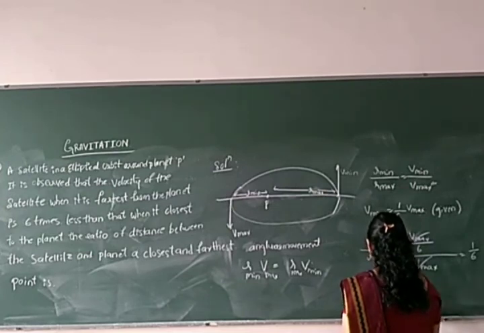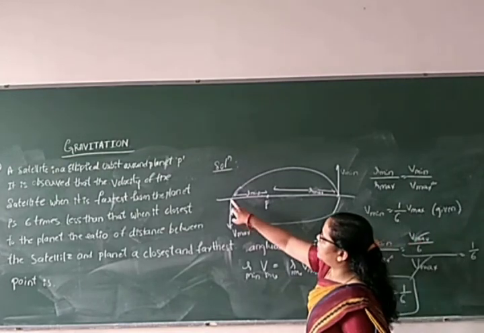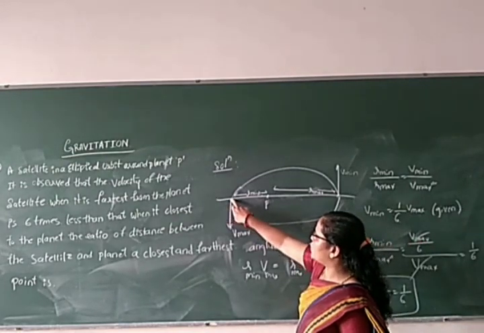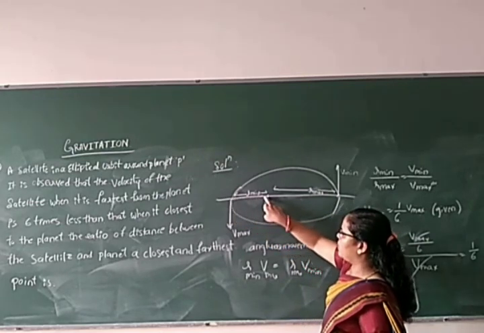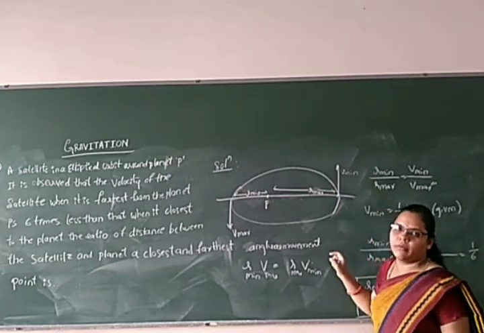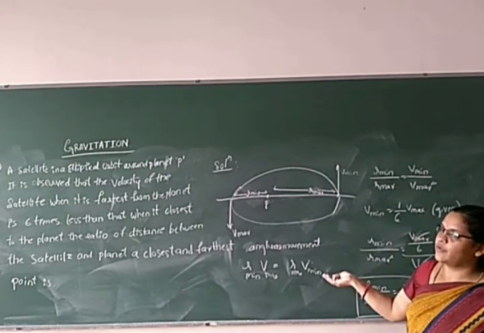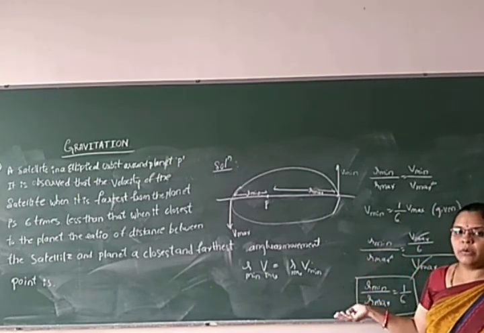This is the expected value. So which is closest and farthest? Closest means the planet or satellite is closest, so the radius will be minimum. Farthest means the velocity will be minimum here. So this is the meaning of it. The planet which is the closest, its velocity will be maximum.